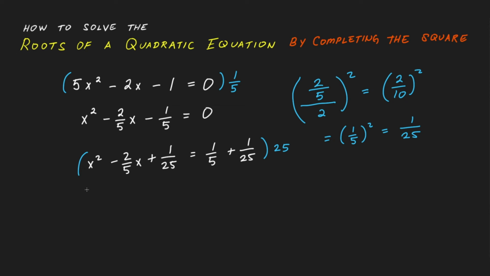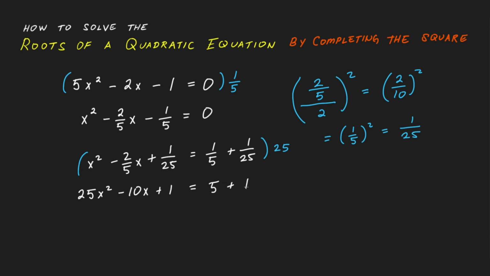So here, we're going to write 25x squared. And here, we're going to have 25 divided by 5, and then multiply by 2, so this is going to be minus 10x. And here, we have 25 divided by 25, so that's just going to be a 1. And here we have 25 divided by 5, so that's going to be a 5. And here, we have 25 divided by 25, so that's going to be a 1.